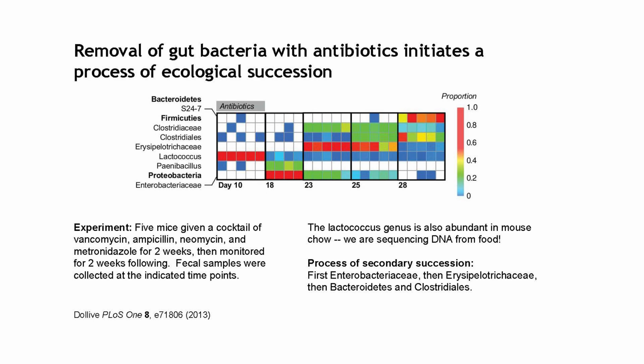She gave a cocktail of 4 antibiotics to mice, got rid of all the bacteria. In fact, during the antibiotics segment of the experiment, we sequenced the bacterial DNA from the feces and got DNA from mouse food.